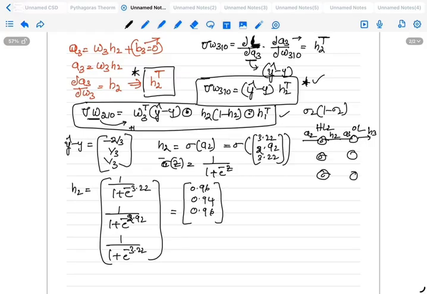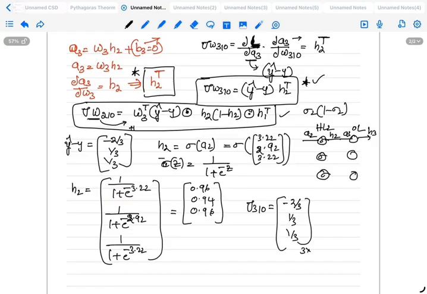So delta W3 equals minus 2 by 3, 1 by 3 and 1 by 3 times H2.